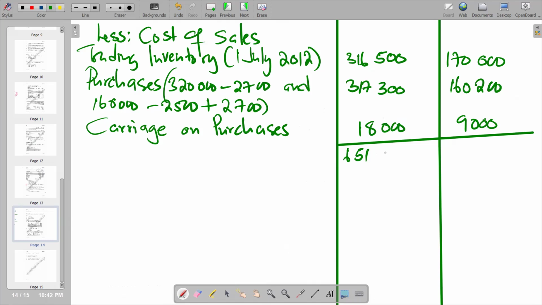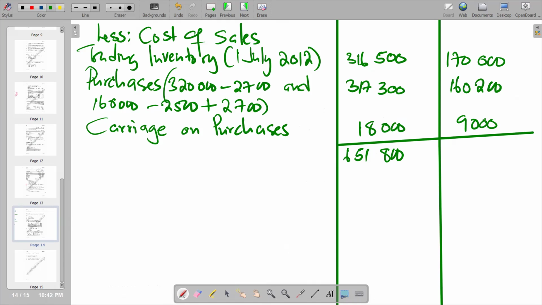We can verify this calculation to see if we have added correctly: 316,500, then we add 317,300, and then we add 18,000. So we are going to get 651,800.